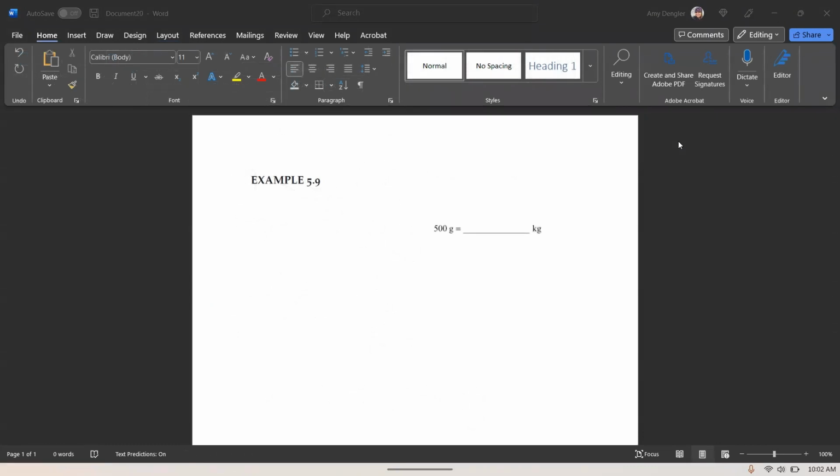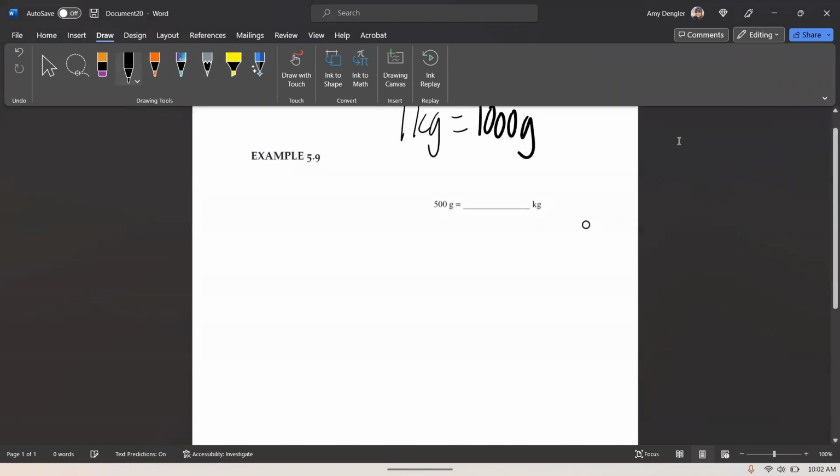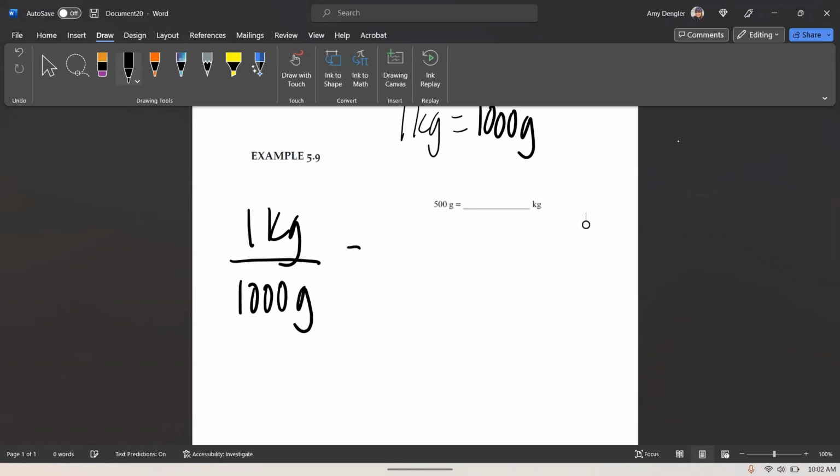So example 5.9, we already used this conversion factor of 1 kilogram is equal to 1,000 grams. And we want to go from grams to kilograms, so I'm going to use this for one side of the proportion. And we have 500 grams. How many kilograms is that?